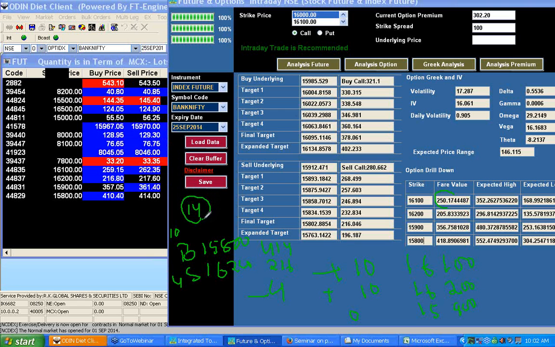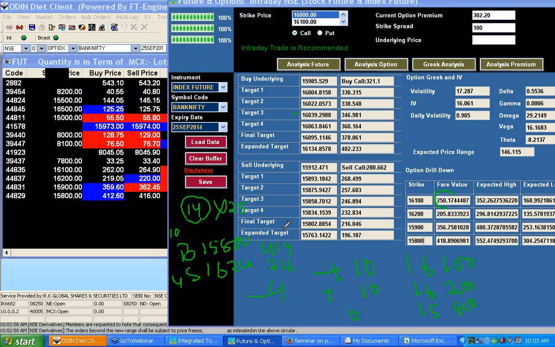By day end, if any of these targets, 16,004, 16,022, 16,039, is achieved, then I may expect this 14 point gain. With the 25 lot size, 15 points means 15 twenties are 300 and 5 are 75.